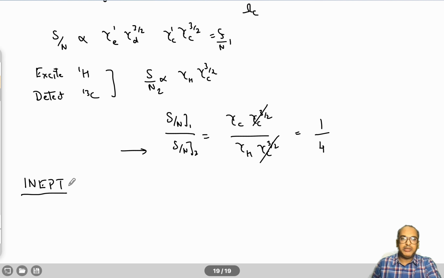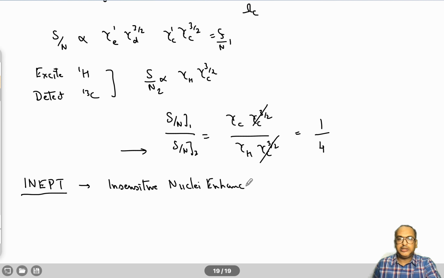This is a very, very famous scheme which is used in almost all multidimensional NMR experiments. We'll come to what multidimensional is, but it's a very famous block, or module, which is used in a lot of NMR experiments, and it is called Insensitive Nuclei Enhanced by Polarization Transfer.